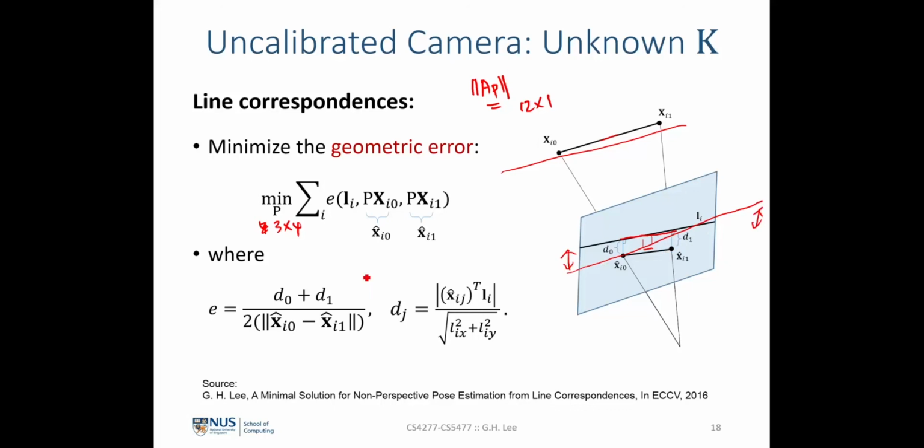So instead of just simply adding up the two errors made by the endpoints, we'll also normalize it by the length of the 3D line. So as a result, this is how we define the reprojection error for line correspondence.